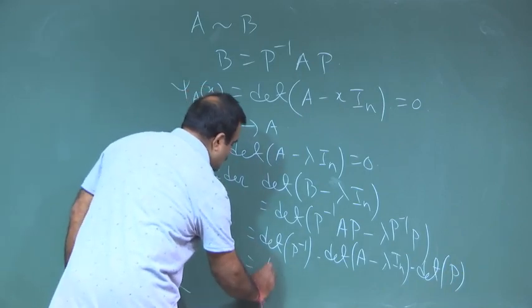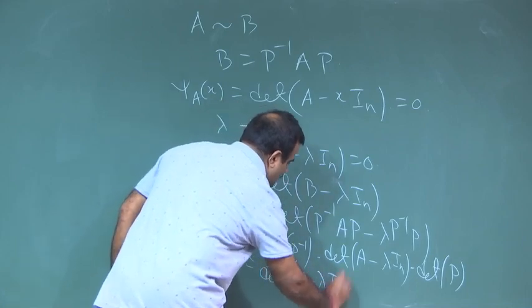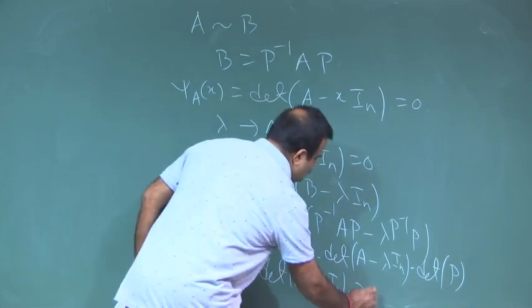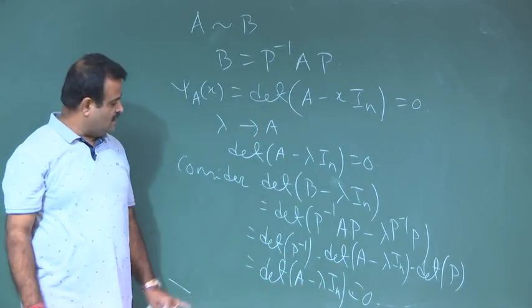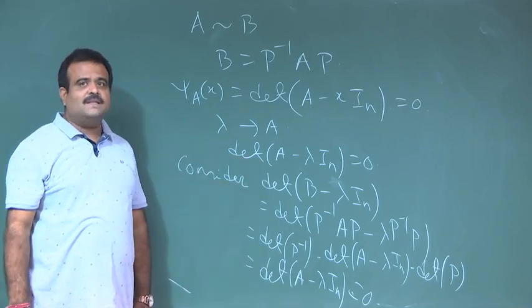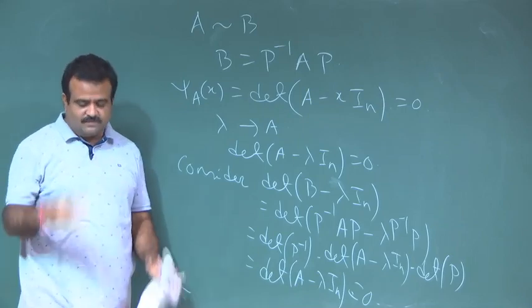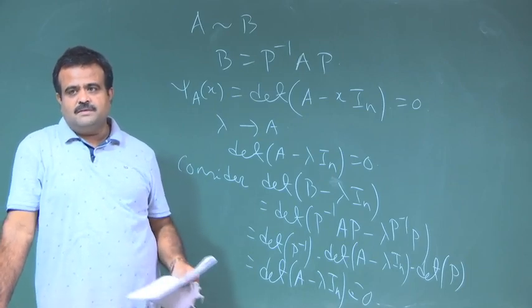So this is det of A minus lambda I n. Since this is 0, this is also 0. In fact, they have the same characteristic equations. This result we have seen earlier. So if lambda is an eigenvalue of A, then lambda is an eigenvalue of B. They have the same set of eigenvalues if A and B are similar.